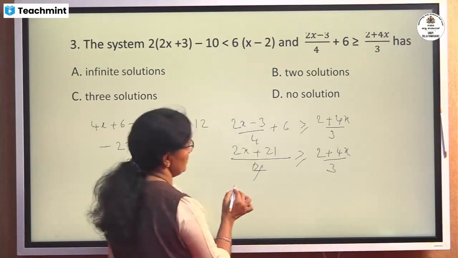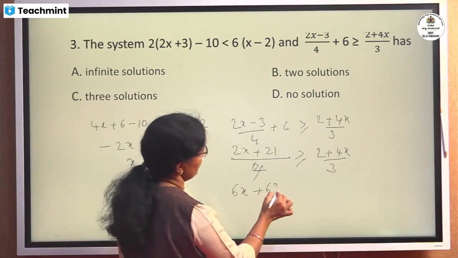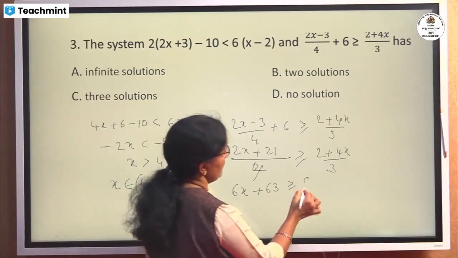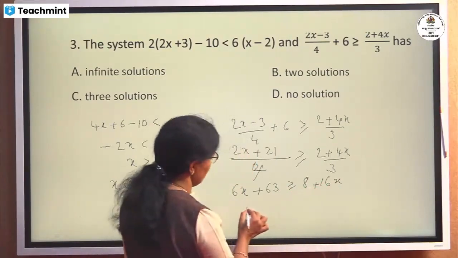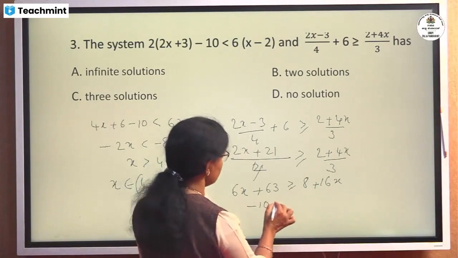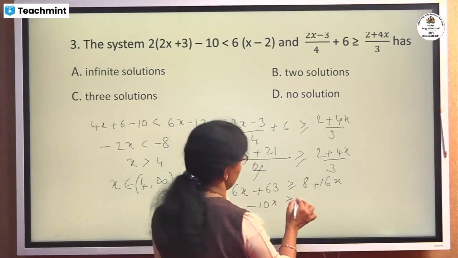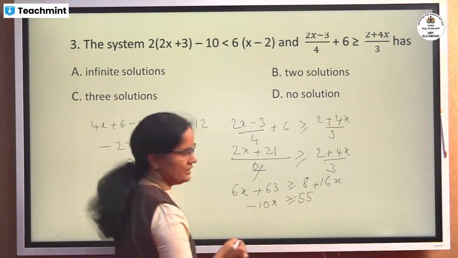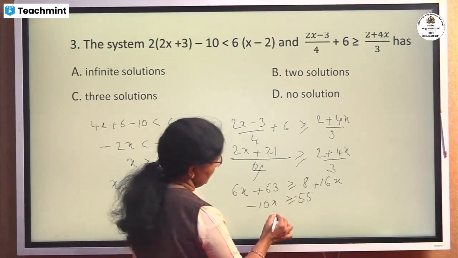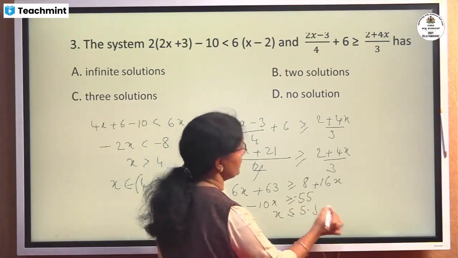So cross multiplication will give you 6x plus 63 is greater than 8 plus 16x. So therefore here also, 6x minus 16x, minus 10x is greater than minus 55. Here it is also minus. Therefore the inequality reverses here. X is less than or equal to 5.5.